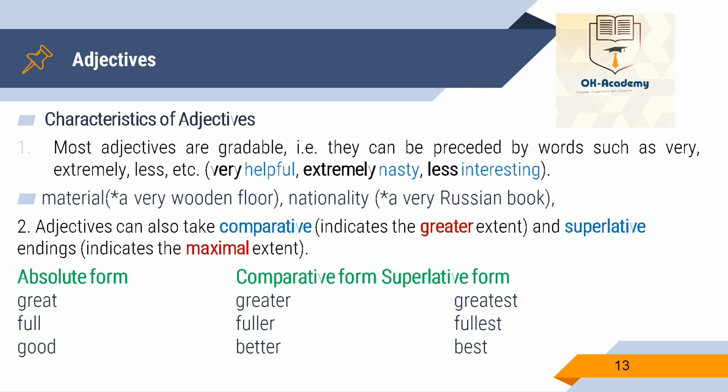That's one of the characteristics that distinguishes adjectives from other word classes. Look at this example. Great can be greater, greatest. Full can be fuller, fullest. Good becomes better, best. But you cannot say Jack, Jack-est. This is not possible.